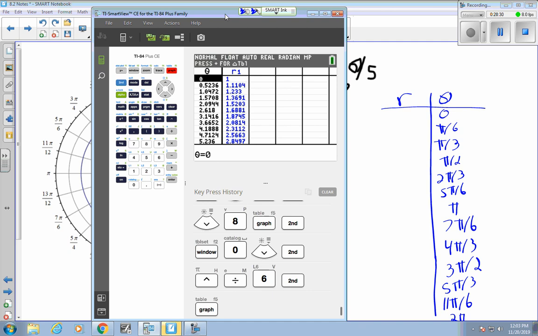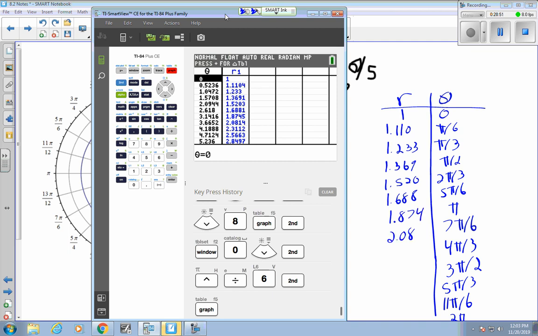Now the radiuses, now these have to be to 3 decimal places, as always. 1.110, 1.233, 1.369, 1.520. I'm sorry? Oh, you said it. Okay. 1.874, 2.0.